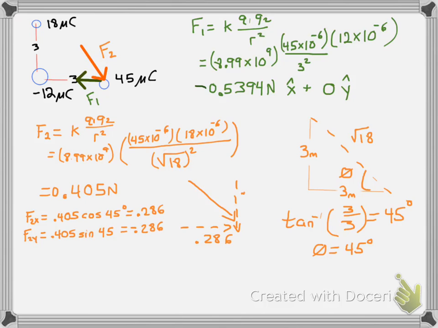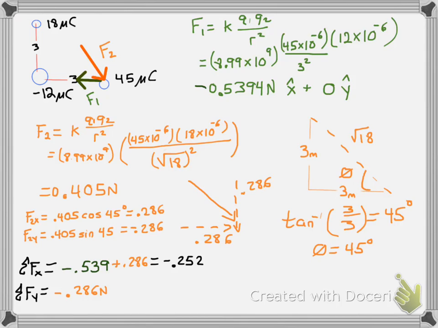Now that we have the x's and the y's, we can find the net force in the x by simply adding the x's. We have negative 0.5394 plus 0.286, so the x component is going to be negative 0.252. We find the net force in the y by adding the negative 0.286, and that's the only one, so we don't have to do anything else with it.